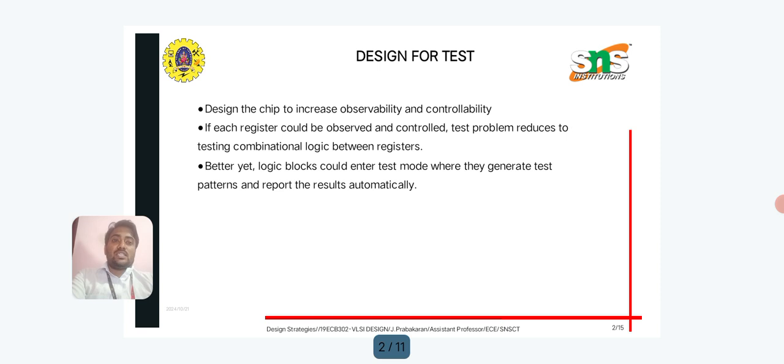If each register could be observed and controlled, the test problem reduces to testing combinational logic between registers. Better yet, a logic block could enter test mode where it generates test patterns and reports the result automatically.